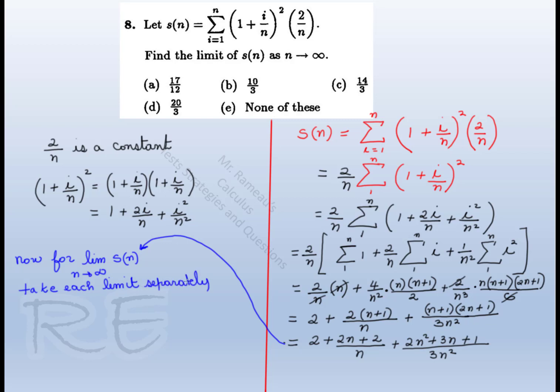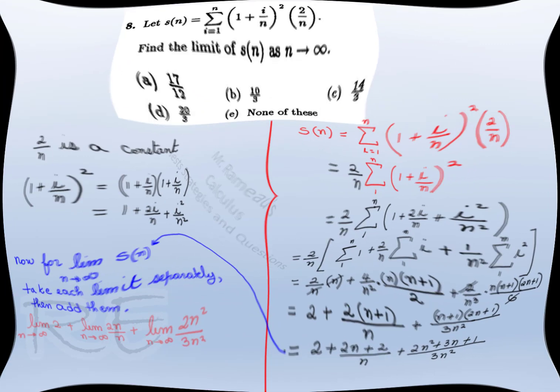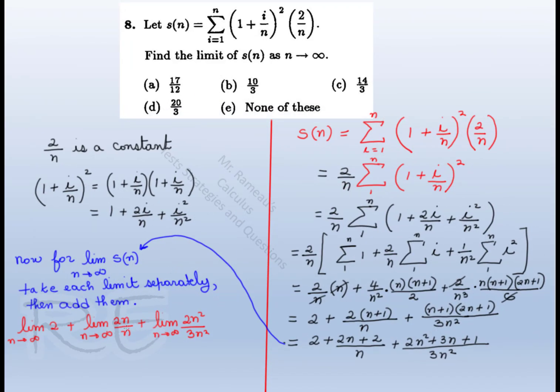We take each limit separately and add them up. It's going to be the limit of 2 as n approaches infinity plus the limit of 2n over n as n approaches infinity plus the limit of 2n squared over 3n squared as n approaches infinity.